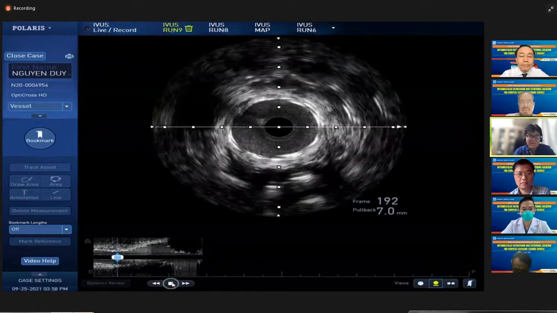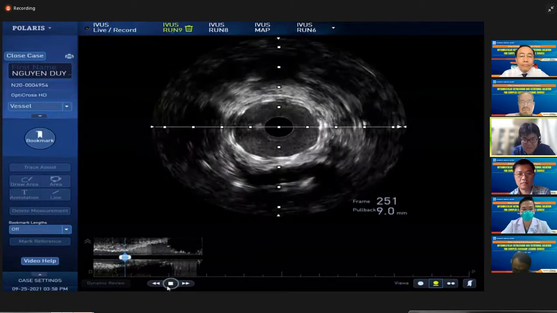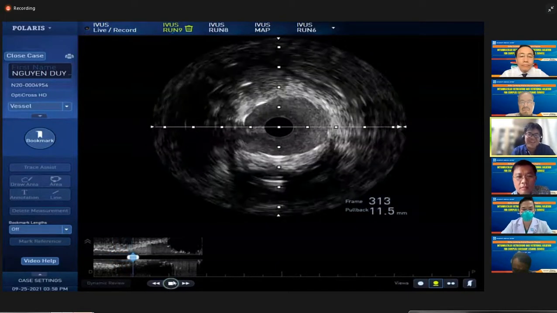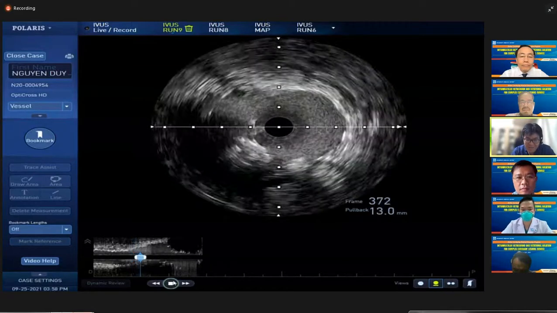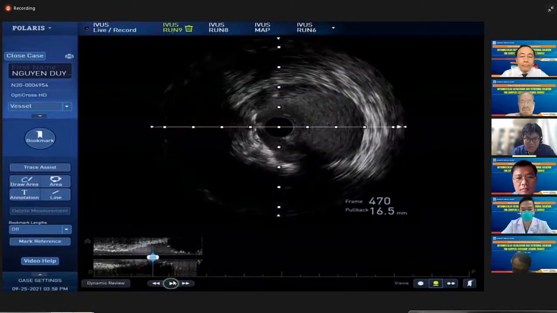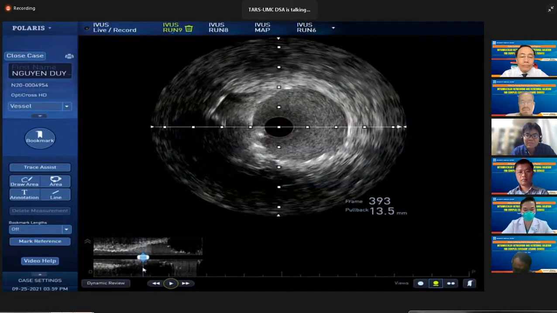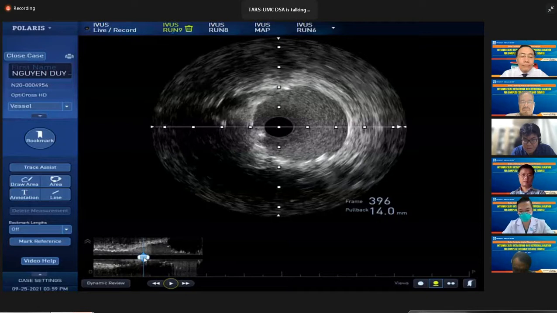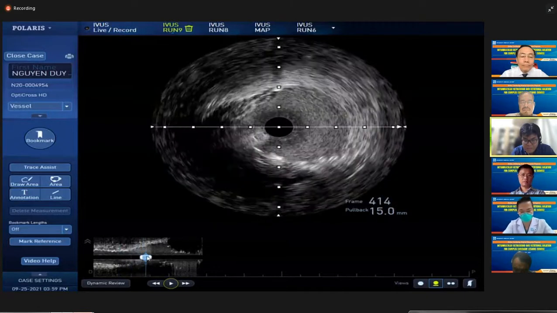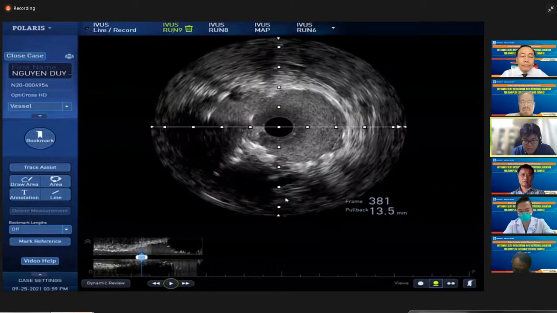I can see the IVUS, but the movie is not so good. That's why it will be difficult to identify the re-crossing guide wire. So is the wire in the proximal or in the distal strut? We prefer the proximal, right? In the re-cross, it should be in the proximal.